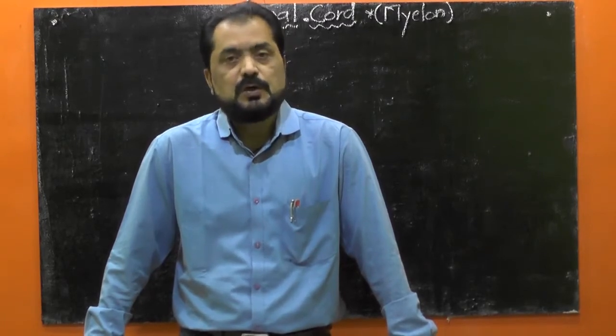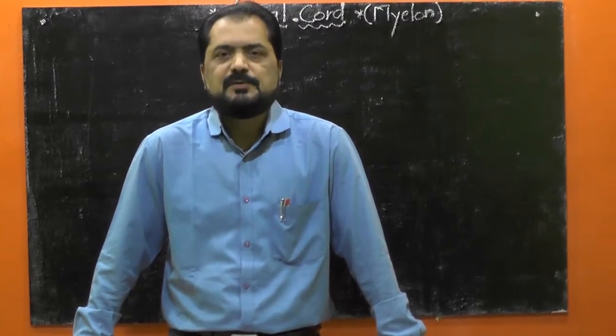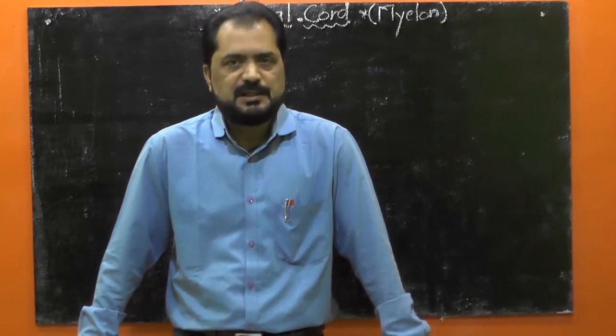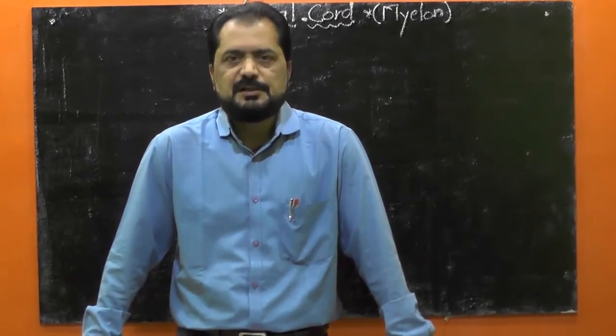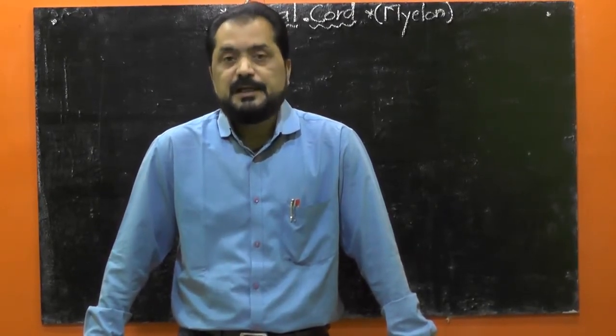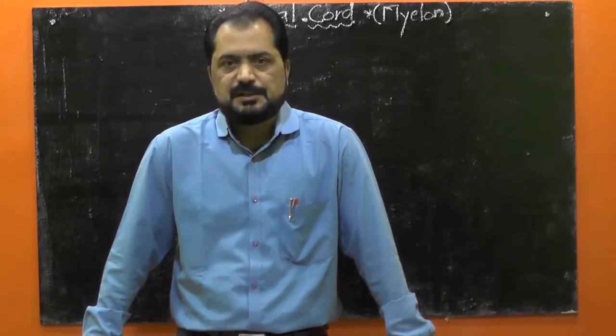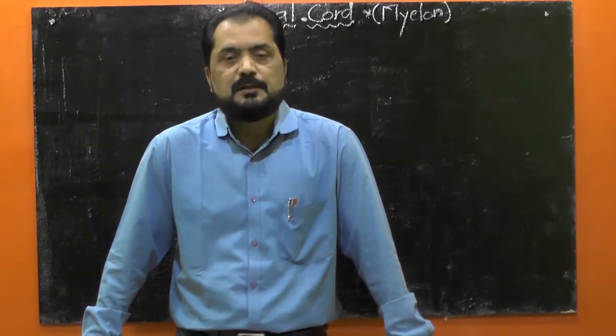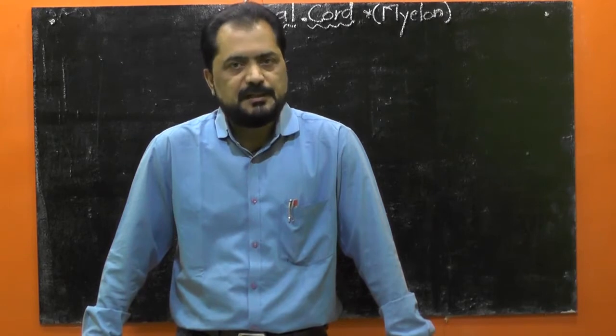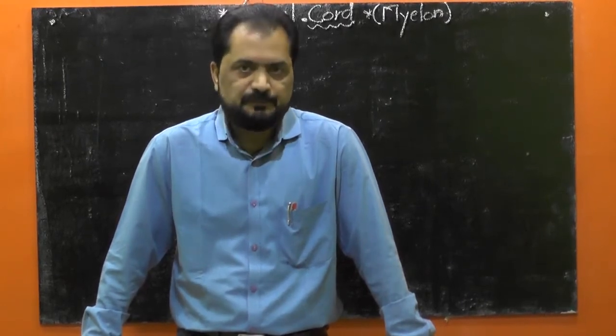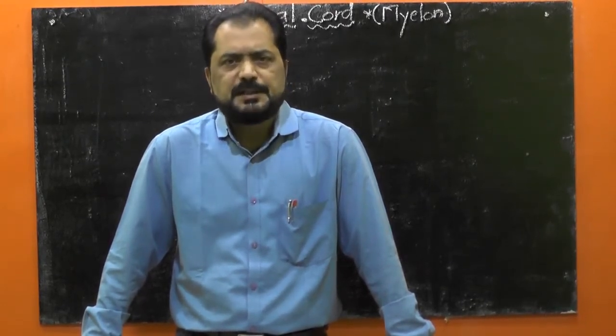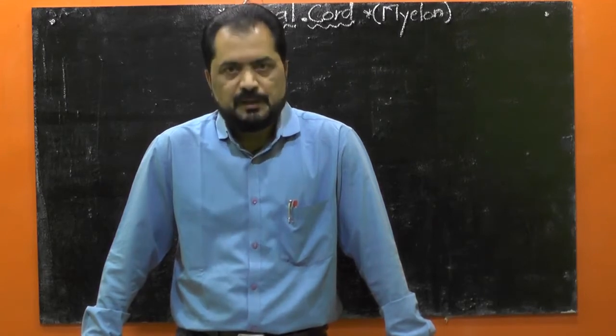We have started the study of CNS, and the central nervous system consists of two main components, that is brain and spinal cord. Already we have completed the study of the brain.